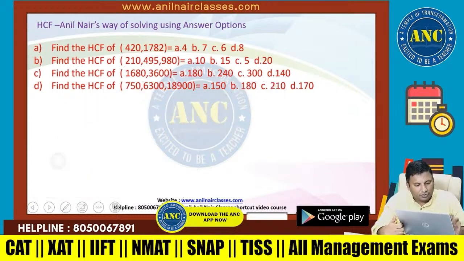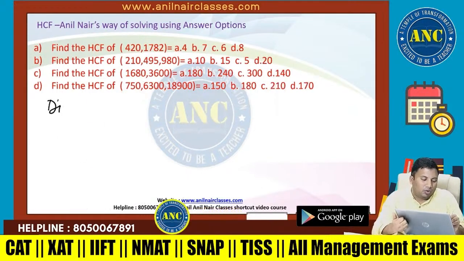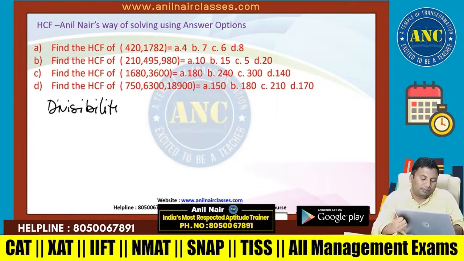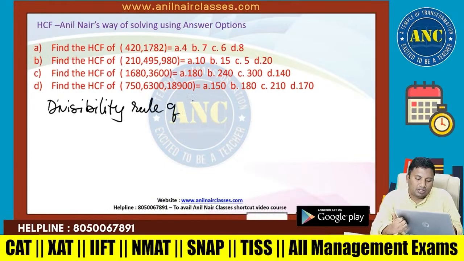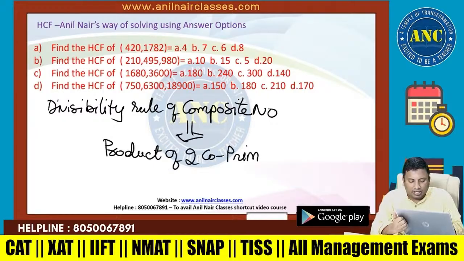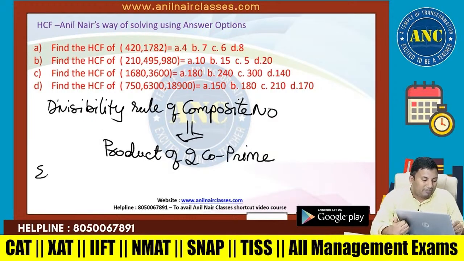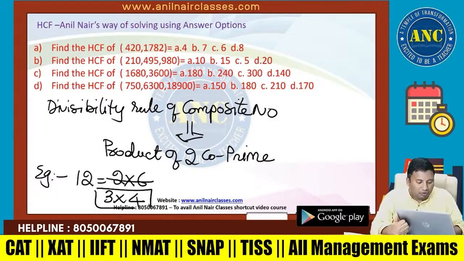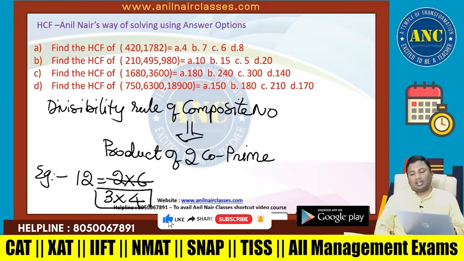The mistake is, the divisibility rule of a composite number is to write the number as a product of two coprimes. That is the divisibility rule of a composite number. For example, 12 divisibility rule is not 2 into 6 but 3 into 4, because 3 and 4 are coprime to each other. This theorem we call the Chinese remainder theorem.